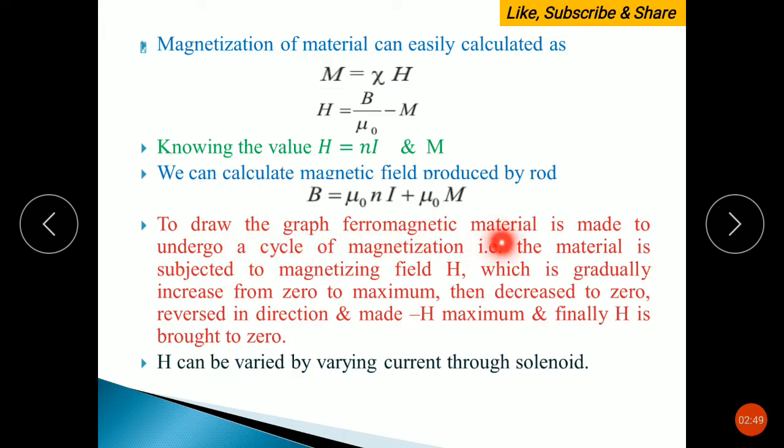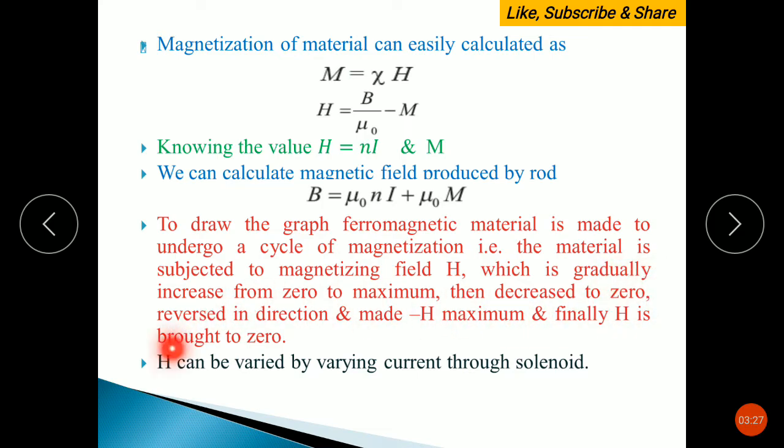To draw the hysteresis graph or the BH curve of the ferromagnetic material, the magnetic material should undergo a cycle of magnetization, that is, a variation of the magnetic field H. So initially H is gradually increased from 0 to maximum by increasing the current, then it is decreased to 0 by decreasing the current, then in the reverse direction it is decreased and made minus H, that is, in the negative direction it is made to the maximum value minus H max, and finally H is brought to 0.